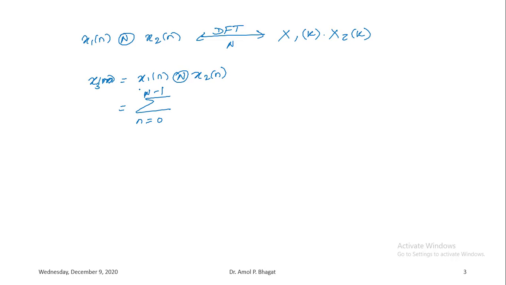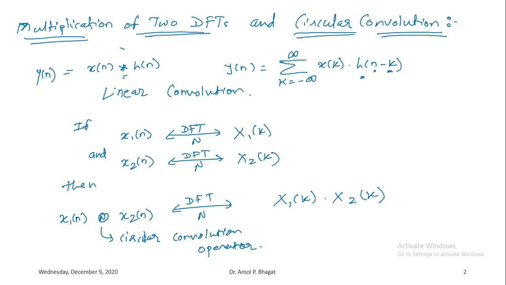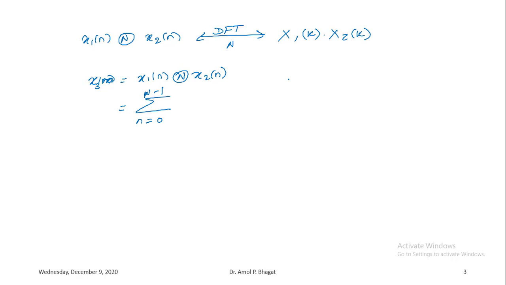In the linear convolution the limits are from minus infinity to infinity. Here it is taken for capital N points, because the sequence will repeat itself after the capital N period, right? So here the circular convolution is x1 of n multiplied by x2 of double bracket m minus n.